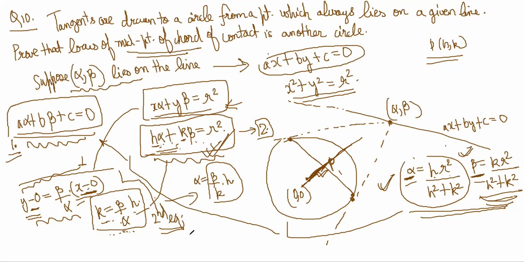The point is basically that the midpoint hk lies on the chord of contact. That is fine, but that is not enough. You also need the fact that this is perpendicular, right? The line from 0, 0 to hk, the slope is going to be perpendicular to this slope, right?